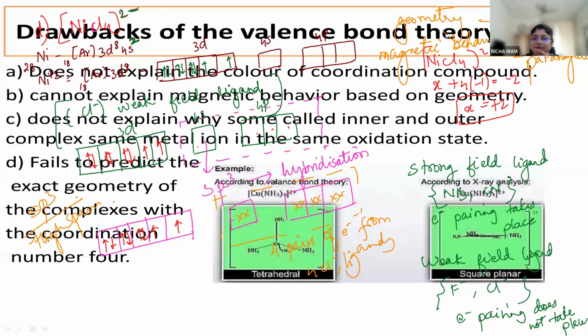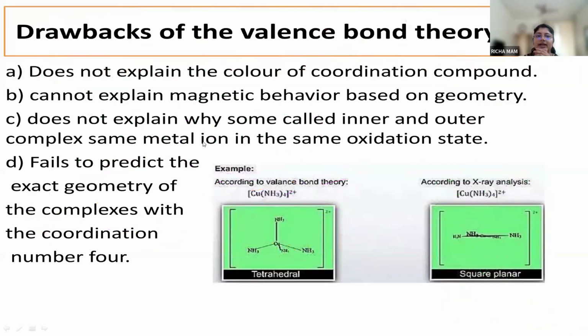VBT could explain the geometry and the magnetic behavior. But it could not explain the color of coordination compounds. So there were some limitations of this valence bond theory. It could not explain the color of the coordination compound.